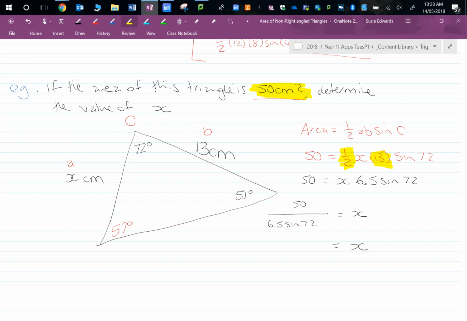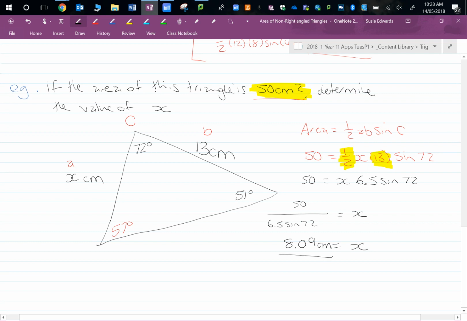Someone got an answer? Someone who used solve to start with? 8.09. Anyone else got the same answer? Could someone else try putting in 50 over 6.5 sine 72 and see if we get the same answer? 0.8? Okay, around there.